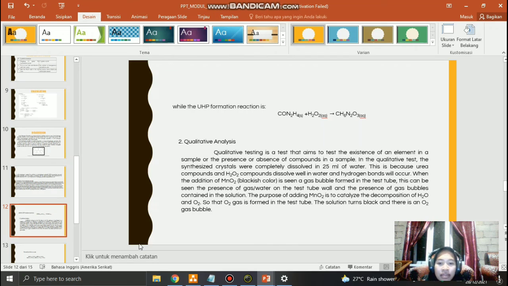This indicates the presence of gas on the test tube wall and gas bubbles contained in the solution. The purpose of adding MnO2 is to catalyze the decomposition of H2O2 into H2O and O2, so that O2 gas is formed in the test tube. The solution turns black and there are O2 gas bubbles.